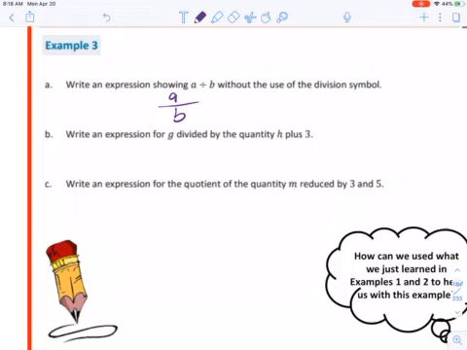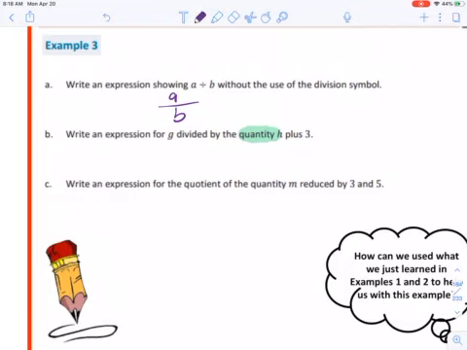Now we're going to get into more complicated concepts. Letter B tells us write an expression for g divided by the quantity h plus 3. When we hear the word quantity, that's telling us to add parentheses.